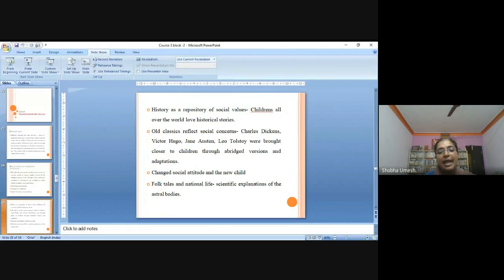So, changing social attitudes and the new child. See, we can come across certain changes in the attitude of the new generation, where some of the Americans have presented more liberal pictures, like Uncle Tom's Cabin, and also David Copperfield, Oliver Twist, and Mark Twain's stories about young heroes like Tom Sawyer and Huckleberry Finn.